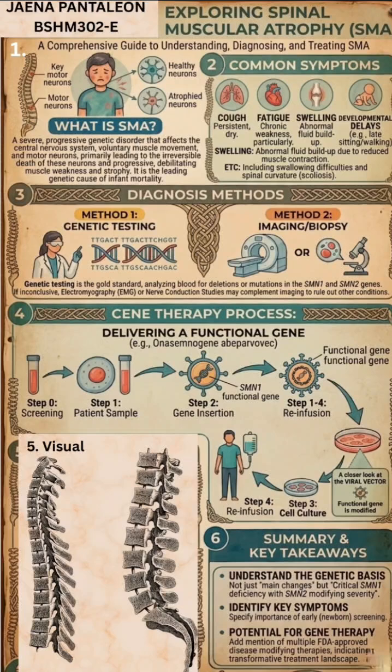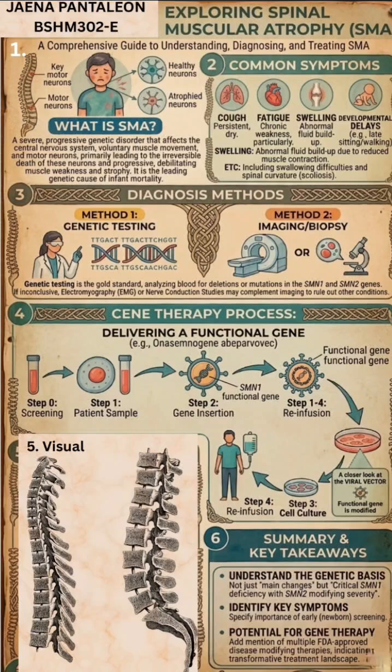Alright? So without further ado, let's proceed now to the conclusion. To wrap up, I have listed 3 pillars of how we manage SMA, or spinal muscular atrophy. So first, we need to understand the genetic basis, which is the SMN1 deficiency, alright?